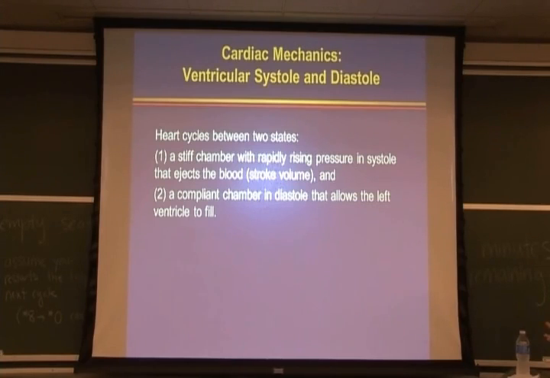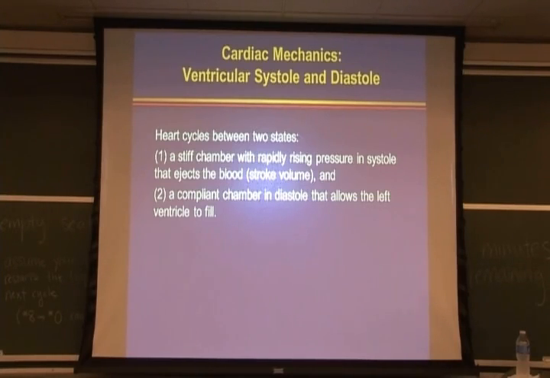But in the next cycle, it becomes a very compliant chamber, from a very stiff chamber to a very compliant chamber, which has to accommodate blood coming from a low pressure chamber, the atrium, which is the upper chamber, to the ventricle, which is the lower chamber. And that goes through a very rapid mechanical and electrical sequence, and that's very coordinated, and this cycle is repeated all the time.